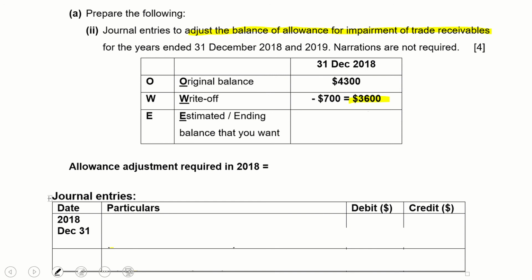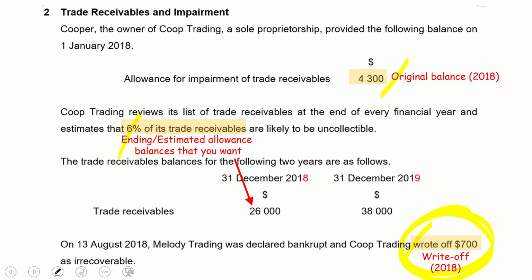The last thing that I need to do for E is to find out what is the estimated or the ending balance that I want. In the question, it informs me that Coop Trading wants an ending balance of 6% of trade receivables. So I need to find out what is 6% of my trade receivables for 2018.